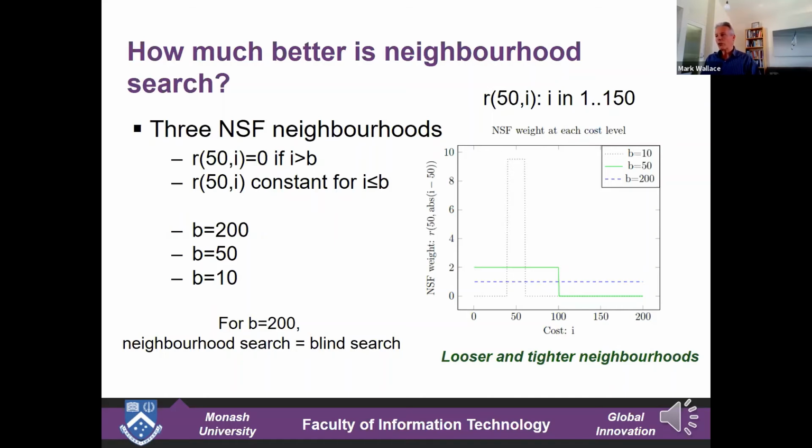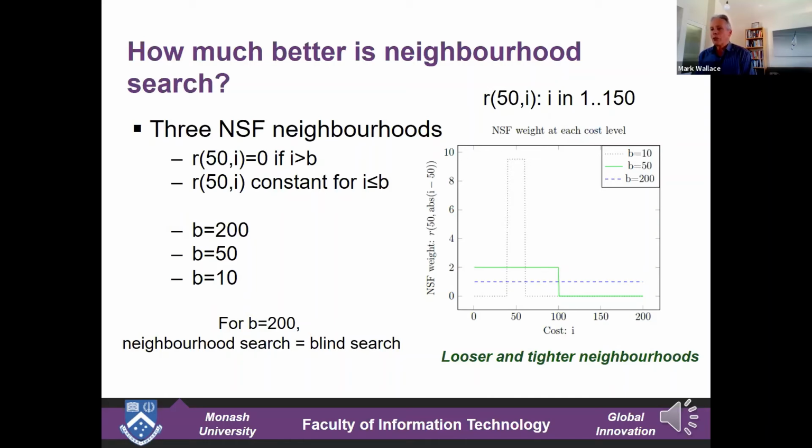So when B is 200, we've got an equal probability of a neighbour having any fitness value in the whole search space. That means that the probability of a neighbour having a certain fitness is exactly the same as the probability in the search space as a whole. So searching with a neighbourhood with B equals 200 is essentially the same as blind search.